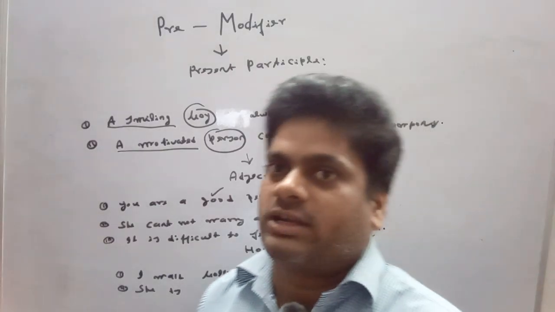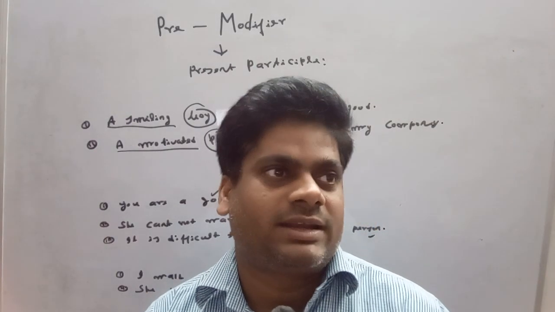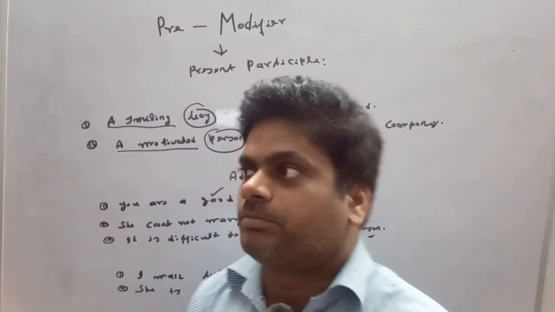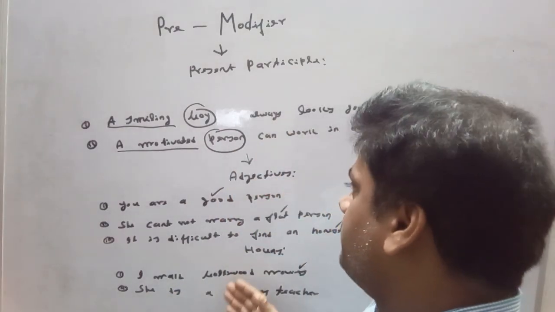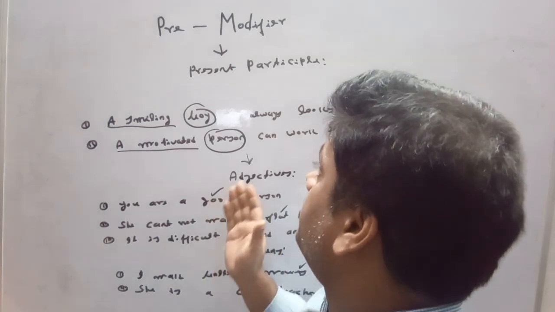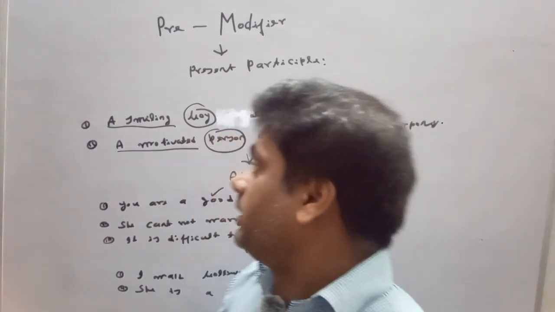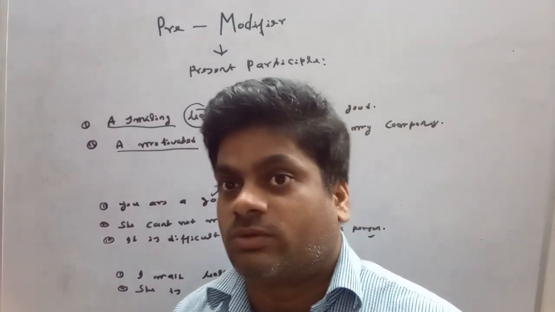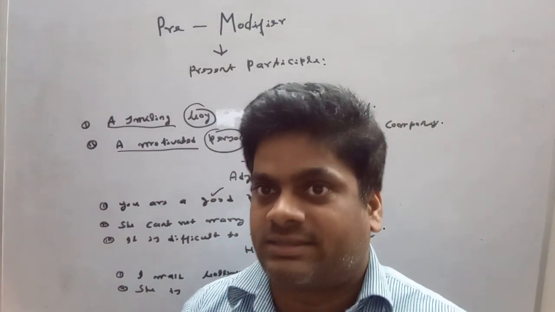a pure adjective can exist alone, but these types of nouns, determiners and participles cannot work as a pure adjective in a separate sentence.